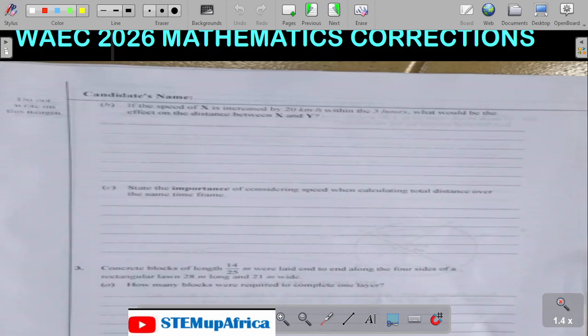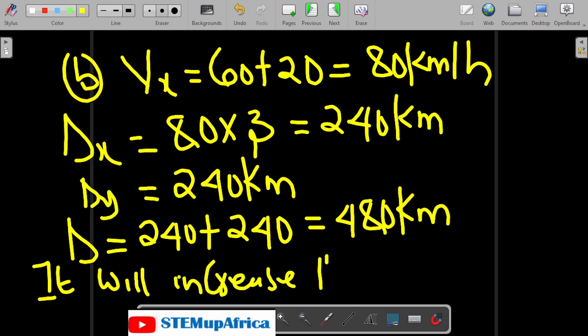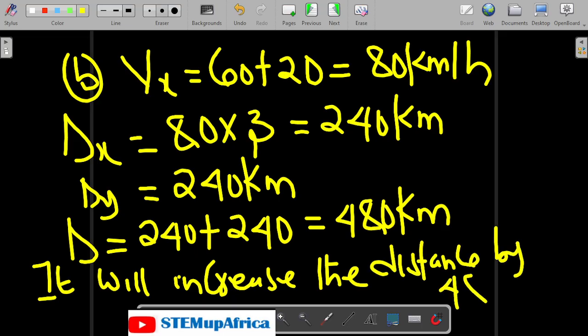It will increase the distance by 480 minus the initial distance 420. That will give us 60 kilometers. So we increase the distance by 60 kilometers if the speed of X is increased by 20 kilometers per hour.